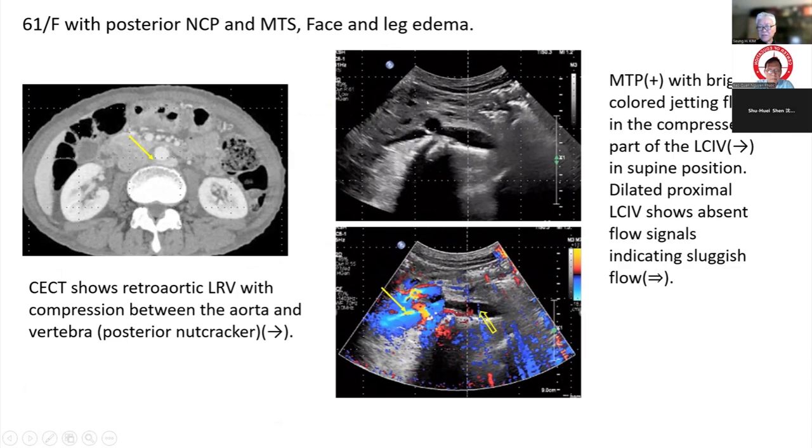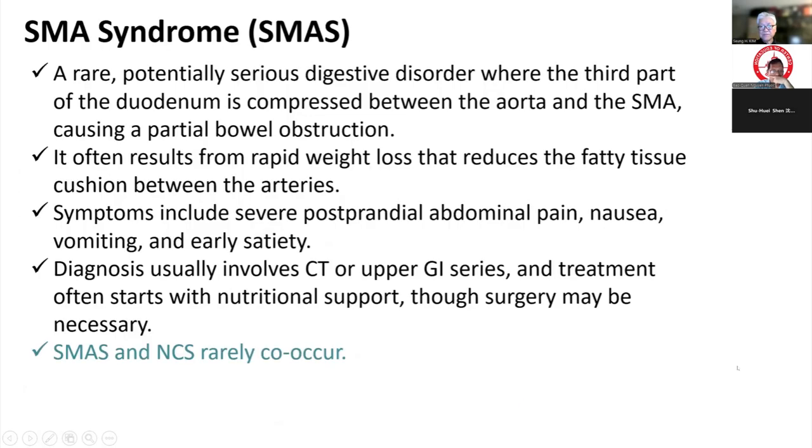So quite severe, the May-Turner phenomenon occurring here and may cause left leg edema. And we do not know the cause of face edema, but maybe it is related to the collateral venous pathway, the congestion of the collateral vessels in the facial area.